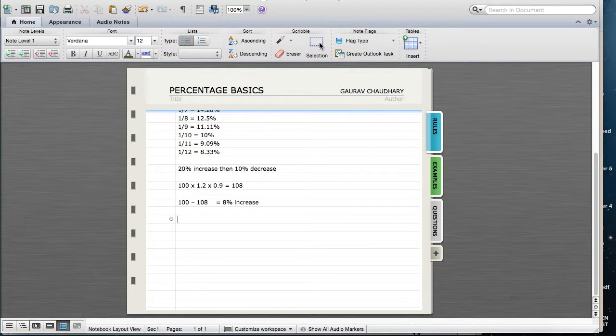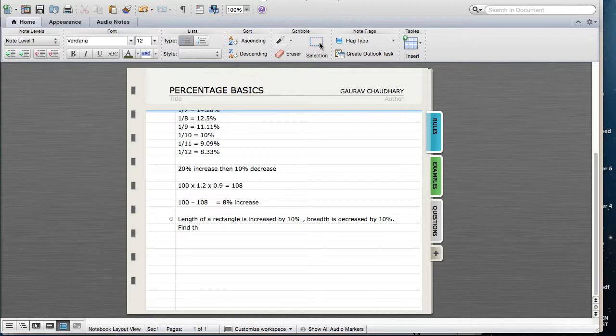For such cases, we can also use other methods, which I'll tell you. The question can be, suppose the length of a rectangle is increased by 10% and the breadth is decreased by 10%.